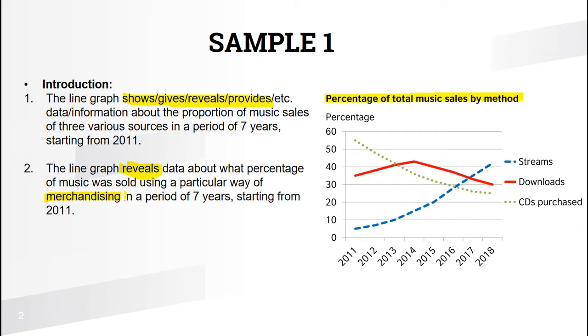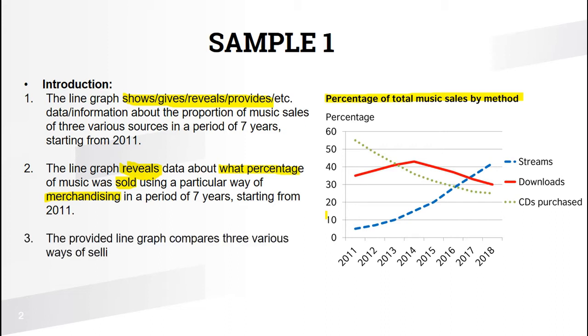I didn't want to use selling because I used the word sold, so in order not to repeat the same word, I used merchandising, in a period of 7 years starting from 2011. The idea behind the second way is to ask something: the line graph shows how many people did something, or what percentage of people did something.